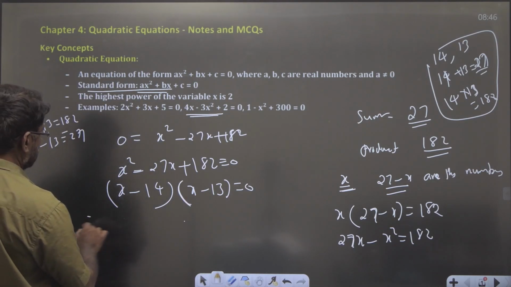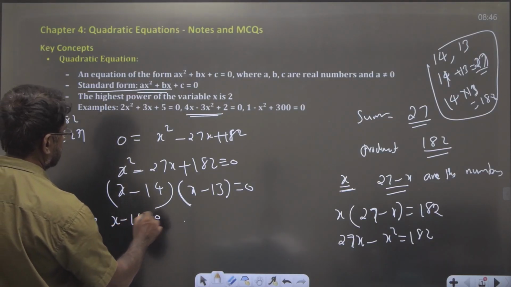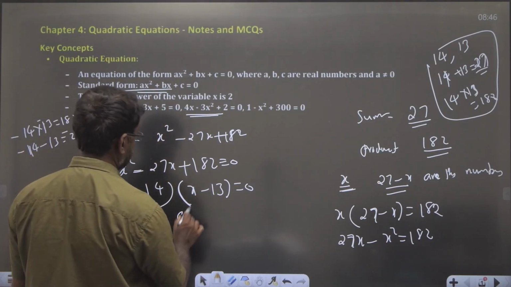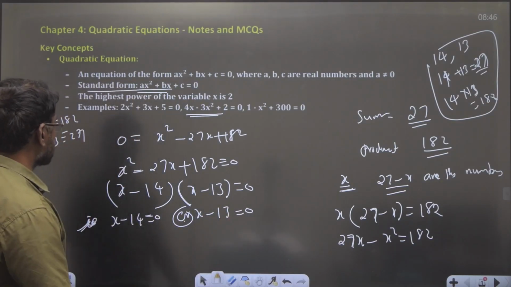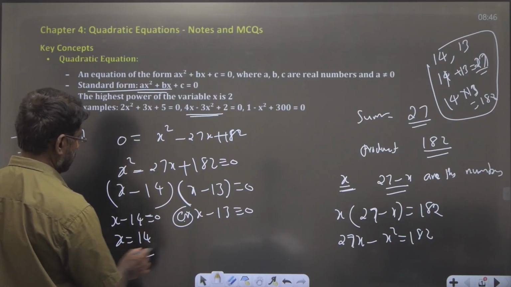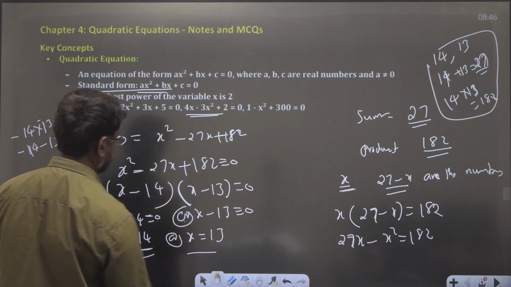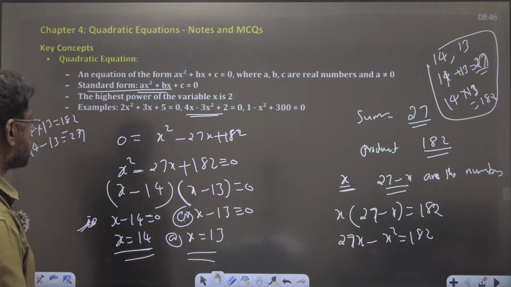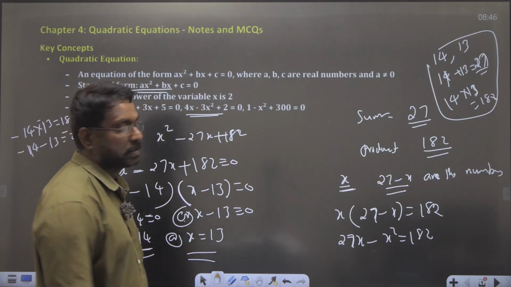That is either x minus 14 equal to 0 or x minus 13 equal to 0. X is equal to 14 or x is equal to 13. These are the numbers.